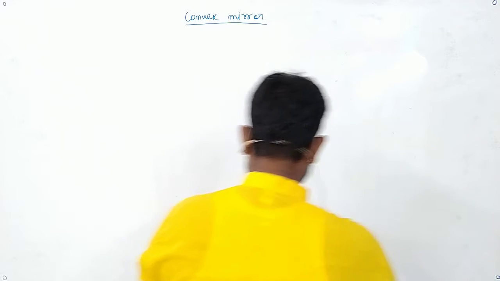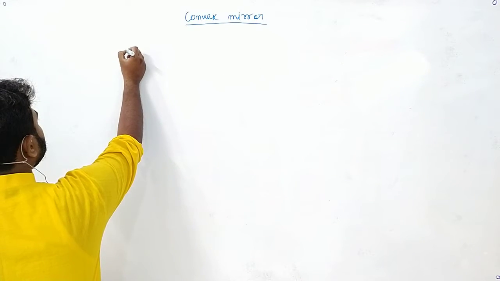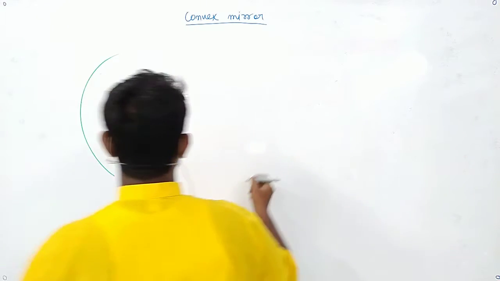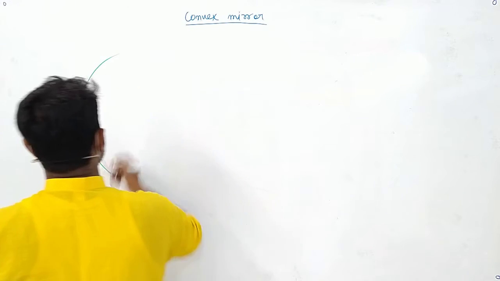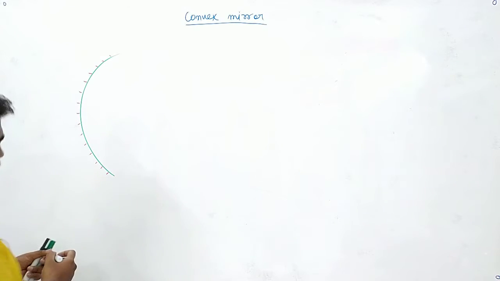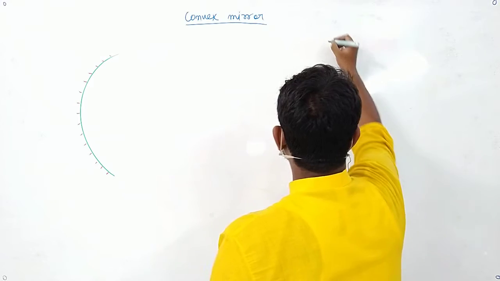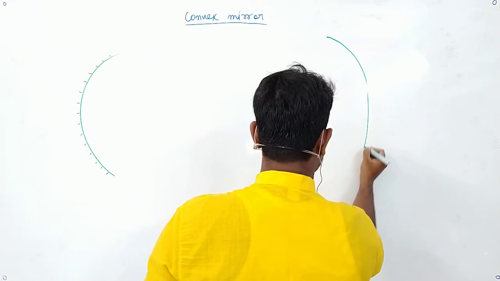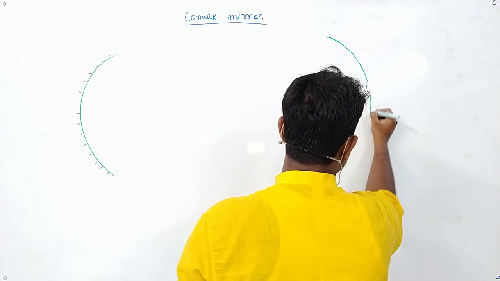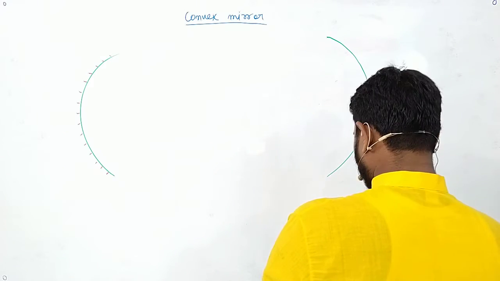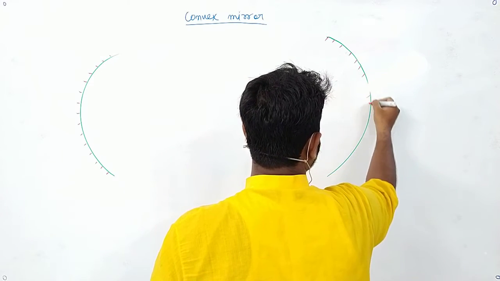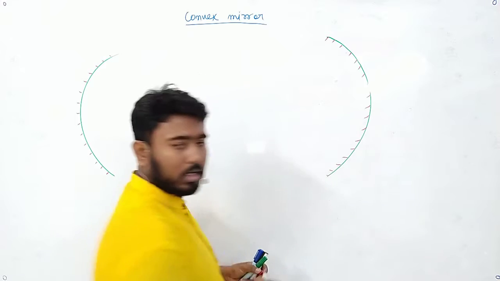Suppose this one is a concave mirror, that is the outer side, the bulging side, is non-reflecting, and suppose this one is a convex mirror with its inner side non-reflecting, right? We got the two cases.